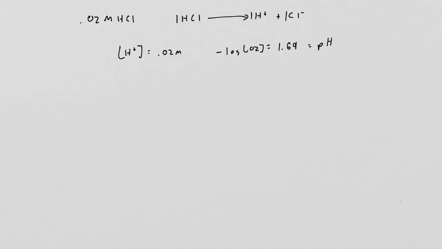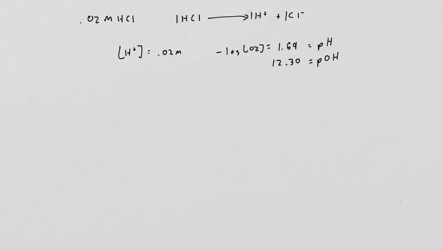Now the idea is if there are more hydrogens, there have to be fewer hydroxides because they still have to multiply out to 10 to the minus 14. So if the pH is this, then the pOH is equal to 14 minus that number. So I can subtract from 14, and that tells me the pOH is 12.30.